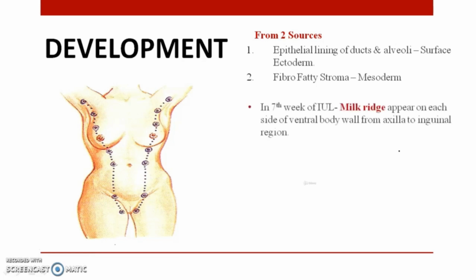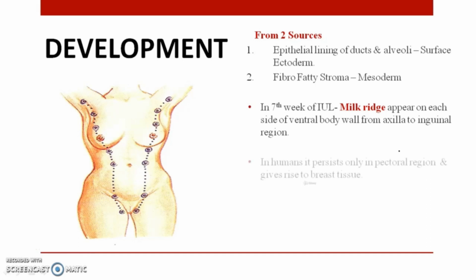Then if you look at this picture, you can make out the origin of the mammary gland in many areas, and how it is fixed in the pectoral region. In the 7th week of intrauterine life, the milk ridge appears on each side of the ventral body wall from the axilla to the inguinal region.